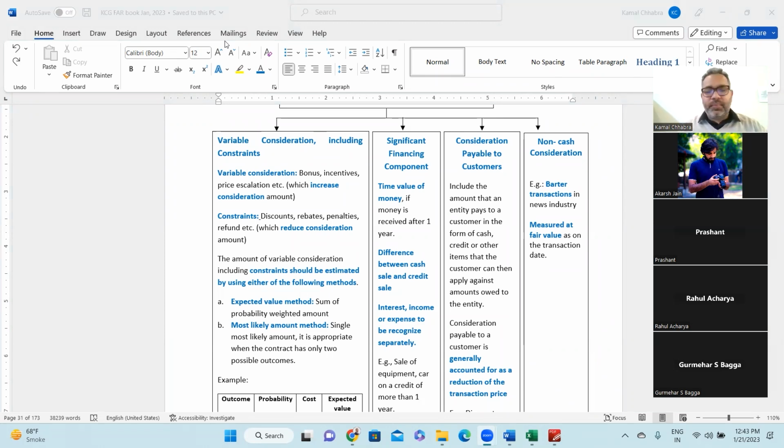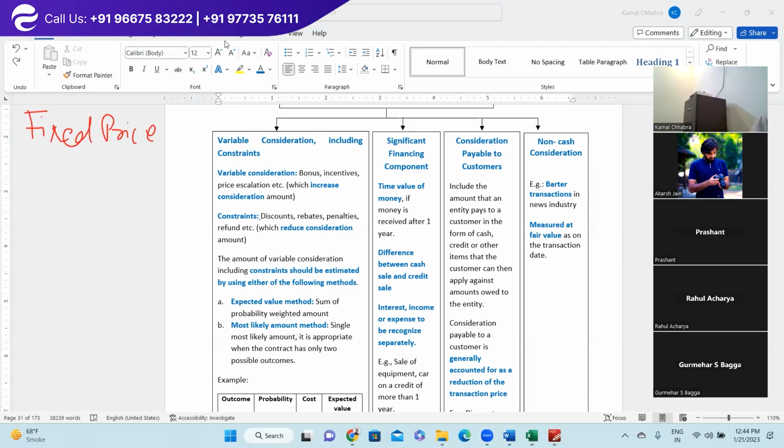If I summarize everything here: your fixed consideration, fixed price, plus and minus variable consideration or constraint to variable consideration, then minus financing option, financing cost, or sorry, financing income, right?